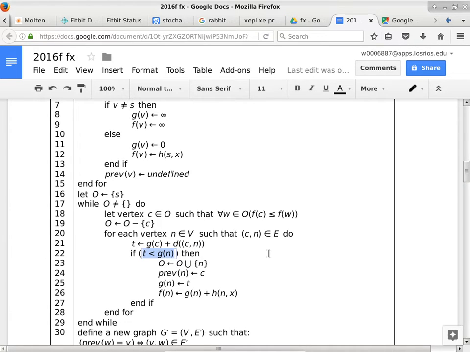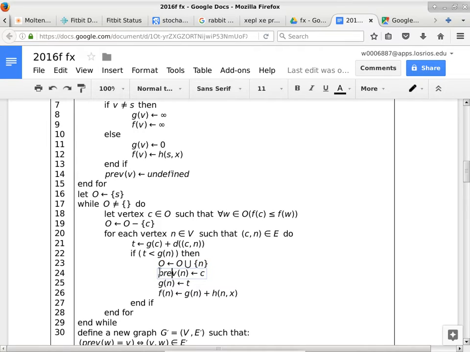The first thing I need to do is add N, not C, back to the set O. Because what we knew about the shortest path from the start vertex to N is not really the shortest. That might change the distances of multiple vertices connected to N, so I better recalculate some of that stuff. So we have to add N back into O, basically to recompute everything else that is connected to N.